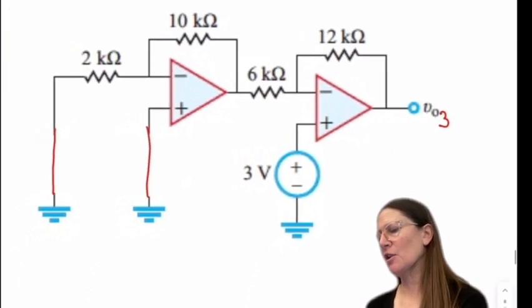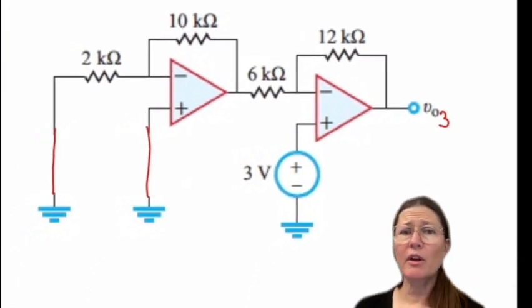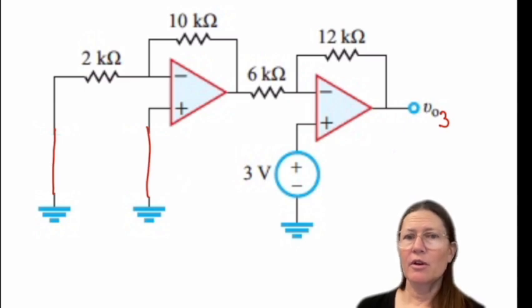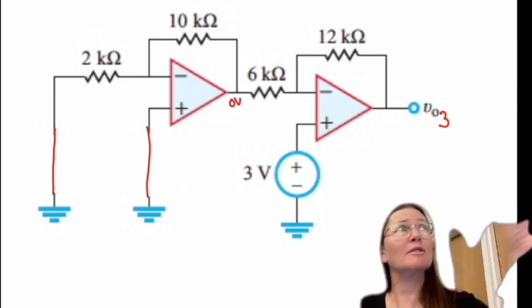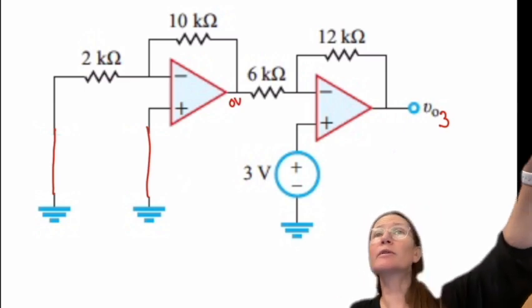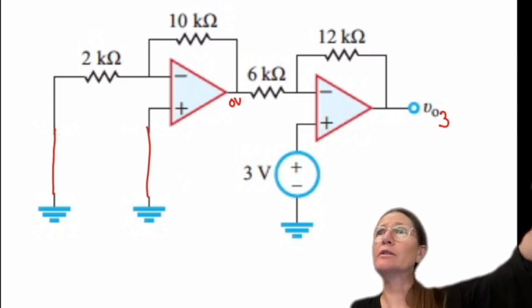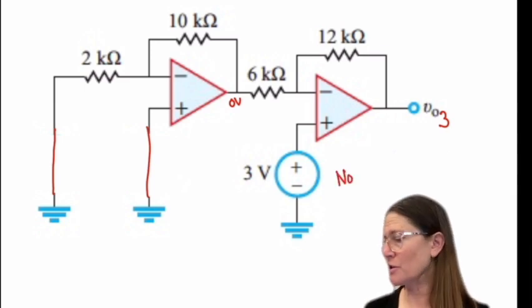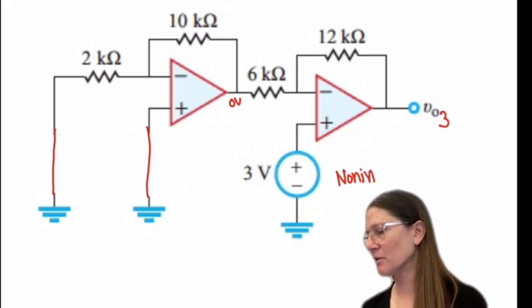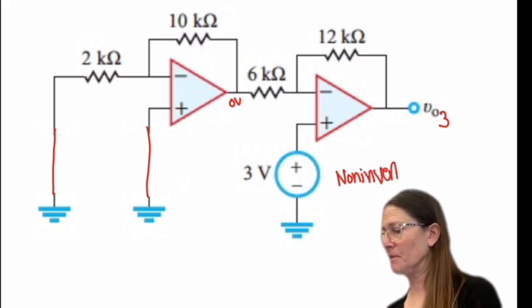There's no input on this first one, so that's going to give you 0 volts, like it's grounded there. So now we can see there's only the configuration for this one, which is non-inverting.